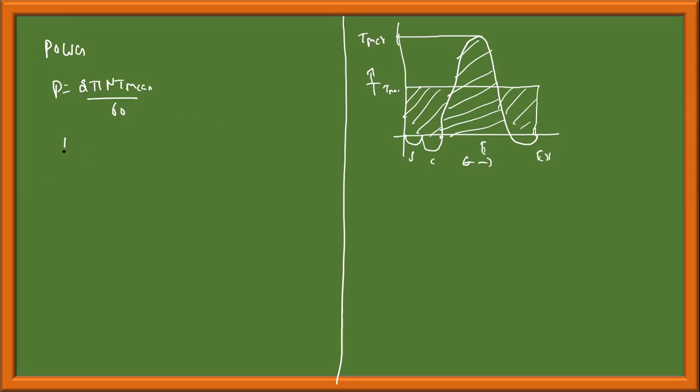Power is in watts, that is Newton meter per second. N is in RPM. T, the mean torque, I will always take in Newton mm.